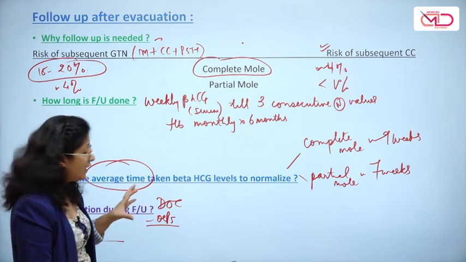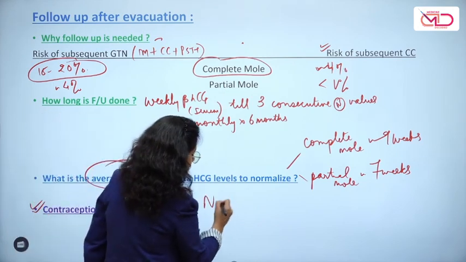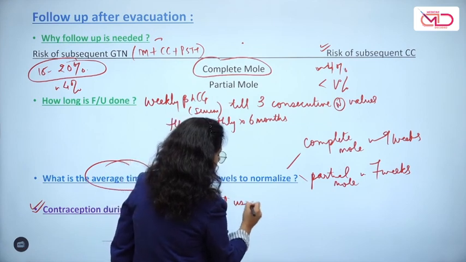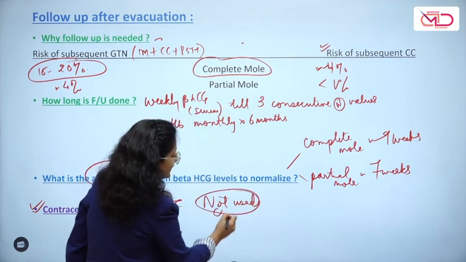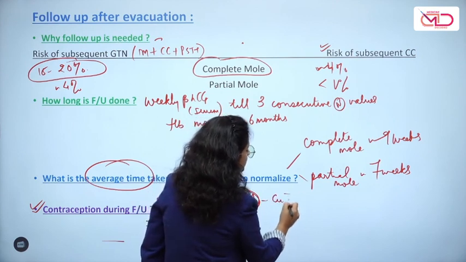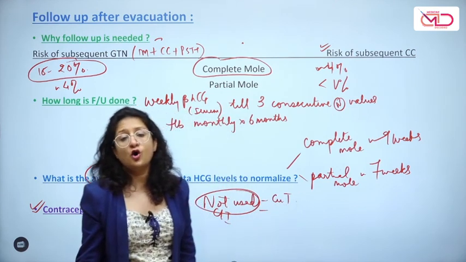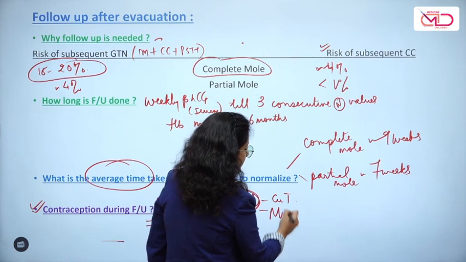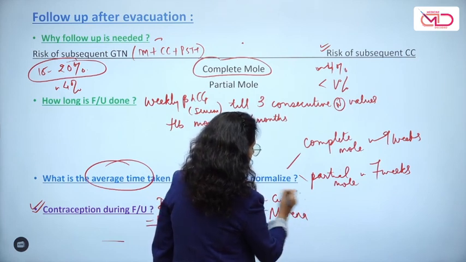What should not be used? Not used at all, contraindicated, is Copper-T. Any intrauterine device, be it Copper-T, be it Mirena, is contraindicated.